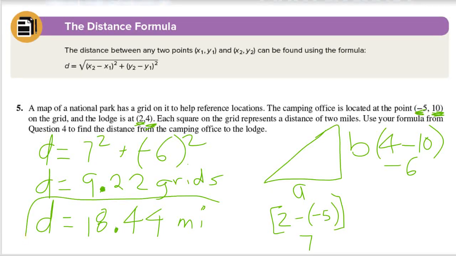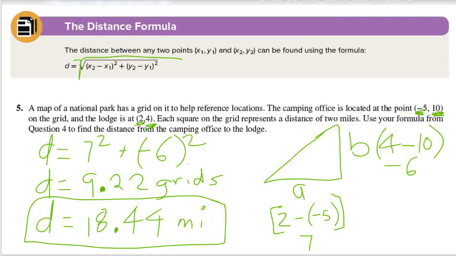And if you just plug these numbers into the formula, you didn't draw the picture that I did, you didn't do it the way I did, as long as you put the parentheses and you did your PEMDAS, you did your parentheses first, then the exponents, then the addition, and then the square root at the end, because the square root sign works like parentheses.